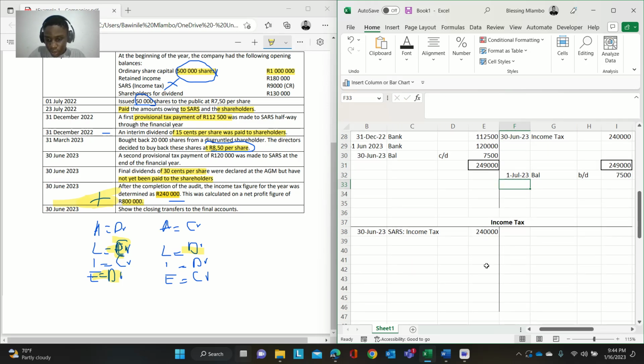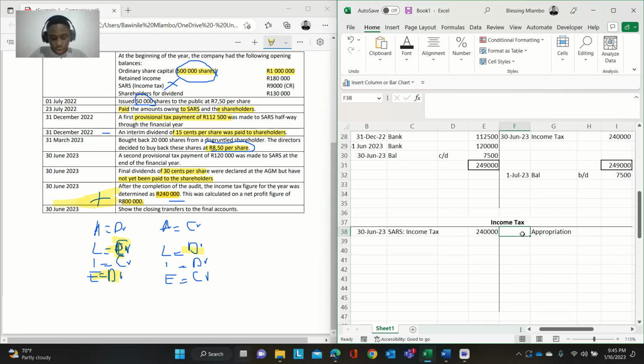And then we go to the income tax. The income tax account is an expense account, and expense and income accounts are closed off completely, meaning that we won't have an opening balance for income tax. We're going to close off this account to the appropriation account.